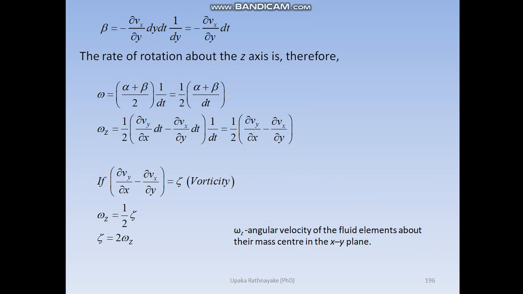Please note the direction of the angular velocity is in the z direction, since the rotation takes place in the xy plane. Let us call this ∂Vy/∂x minus ∂Vx/∂y the vorticity. Therefore, we know vorticity is 2 times omega.